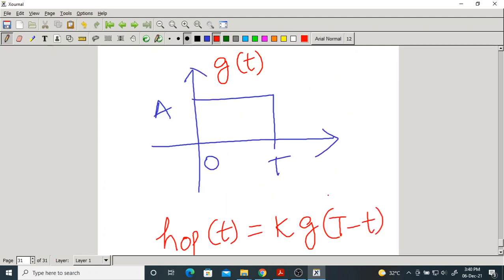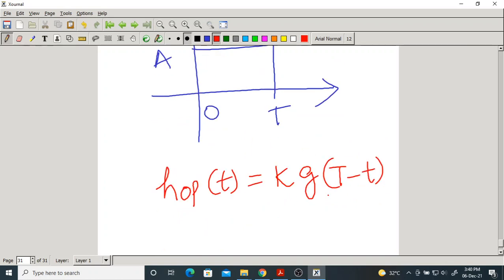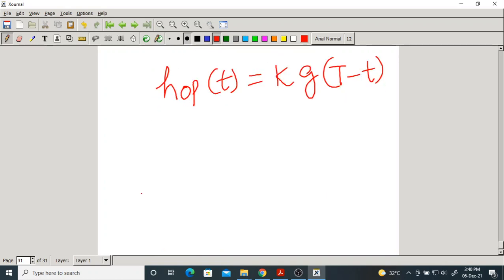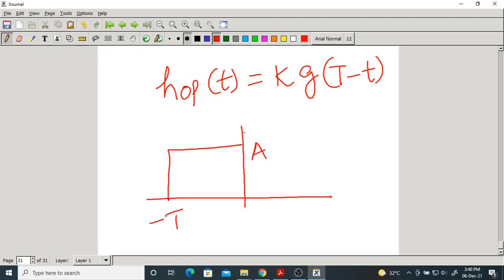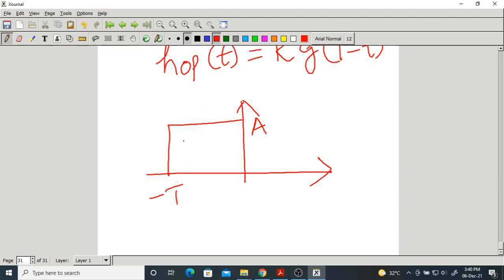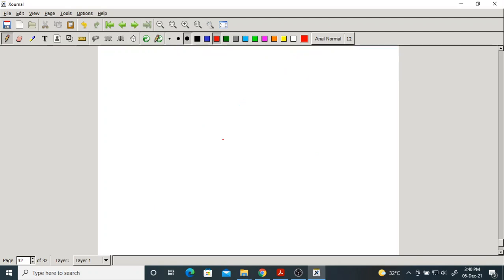Now what is this? Time shifted by time reversal first. What will happen? Minus t a. Time reversal is over. Next, shift towards right side by capital T. Then what happens? It comes as it is.